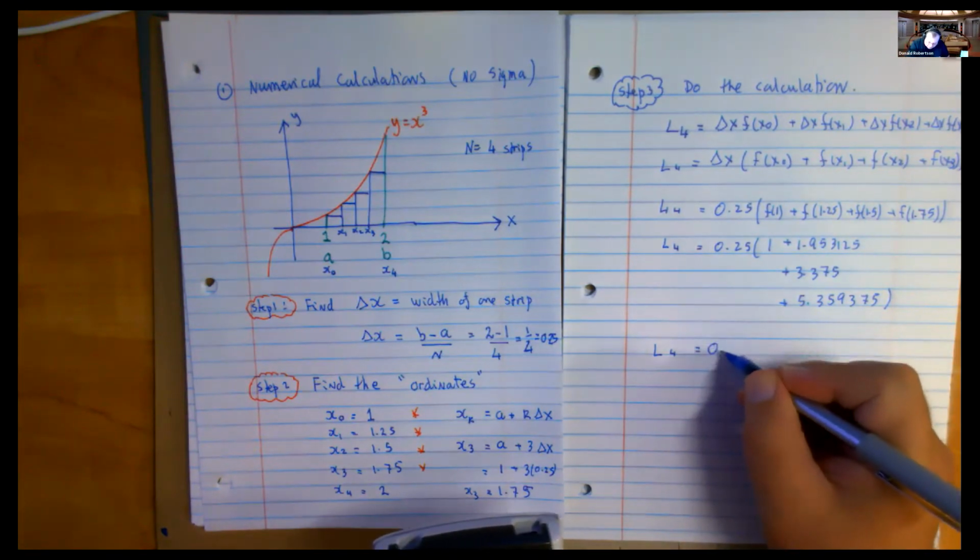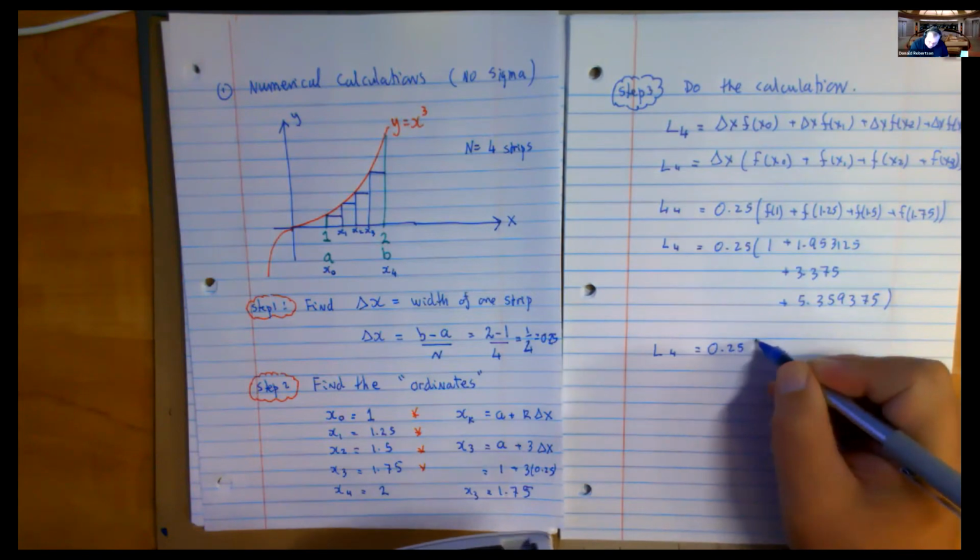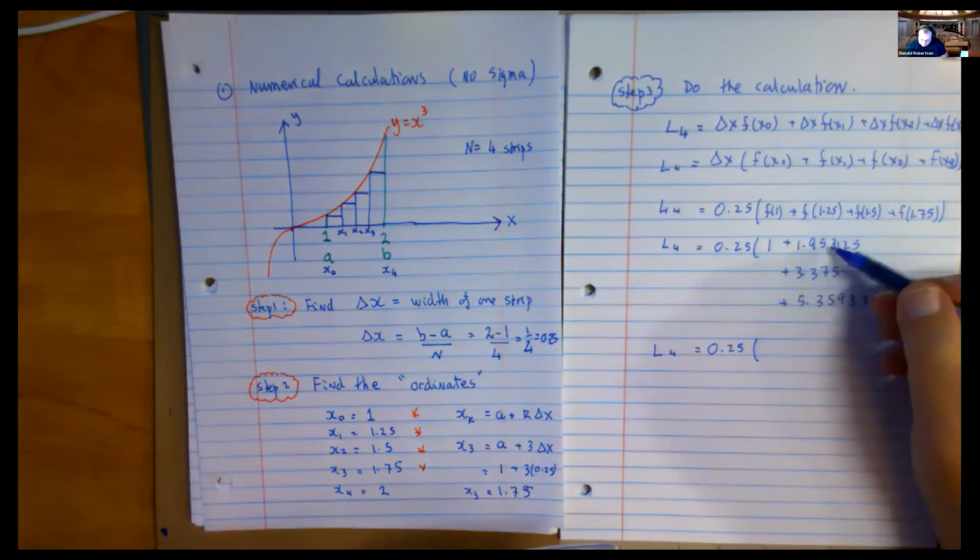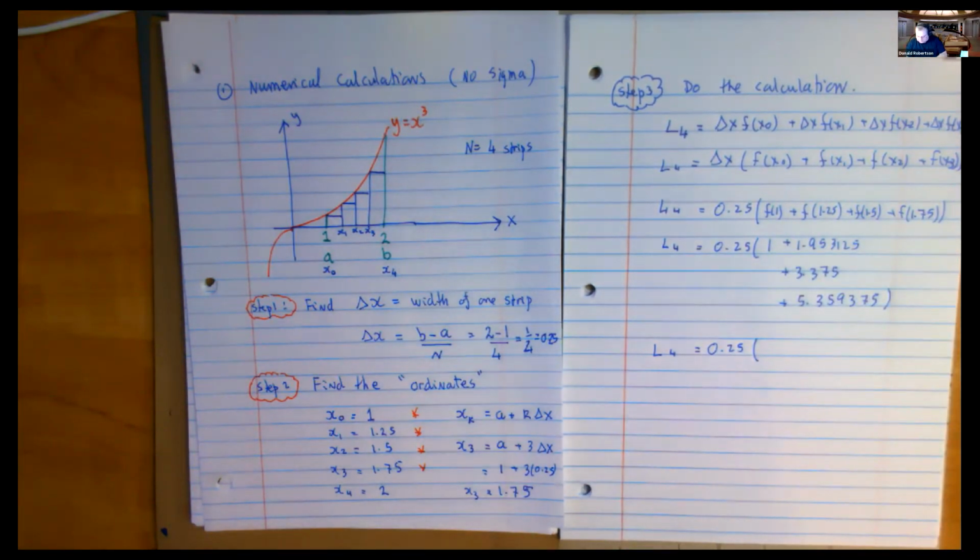So that's going to be 0.25 brackets. That, and that all added. Yikes. Okay, here goes. 1 plus 1.953125 plus 3.375 plus 5.359375.